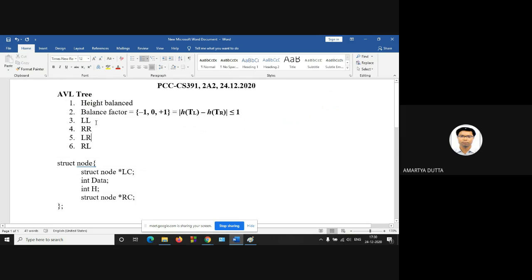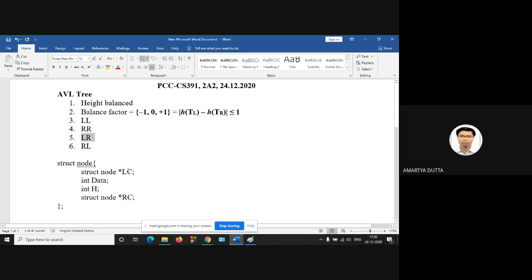There are total 4 types of rotation. This LL and RR are called the single rotation, and LR and RL, these are called the double rotation. Okay. So LR means, anyone? Do you know what is LR? Left, right rotation.